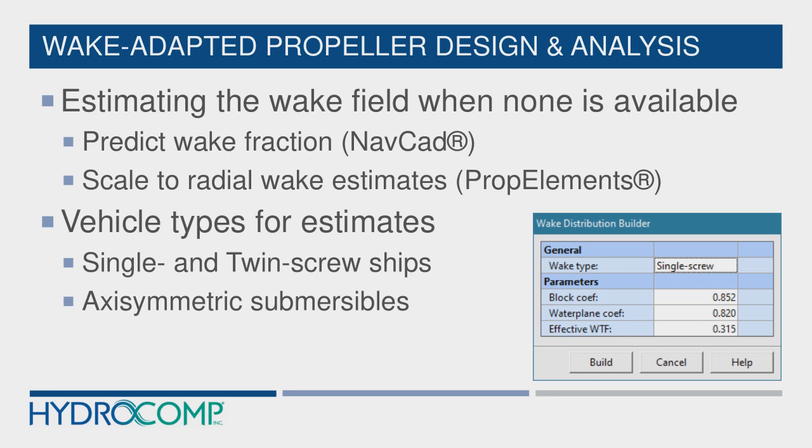One quick sidebar is that we do also have simple parametric estimates for some of the characteristics of the circumferential wake distribution, like the wake peak. There's a stern angle that can be used to predict what that wake peak is going to be above mean.